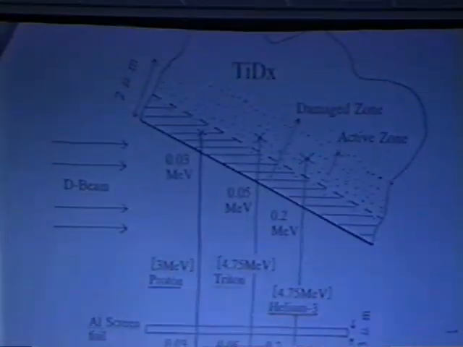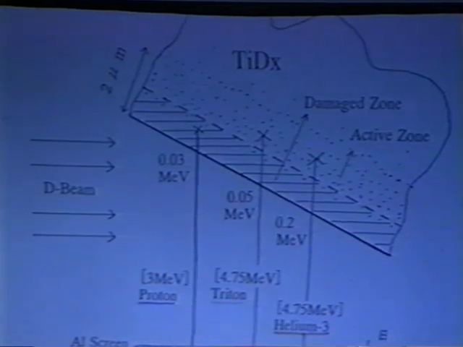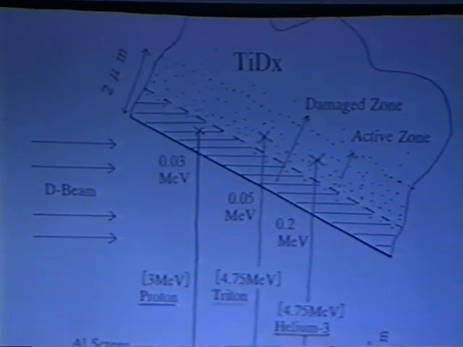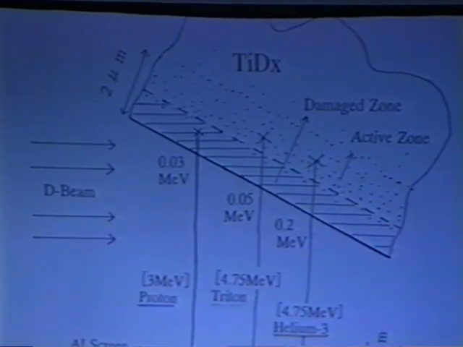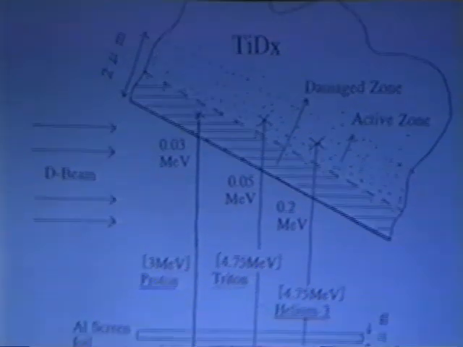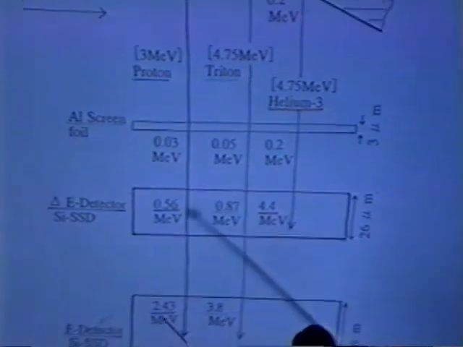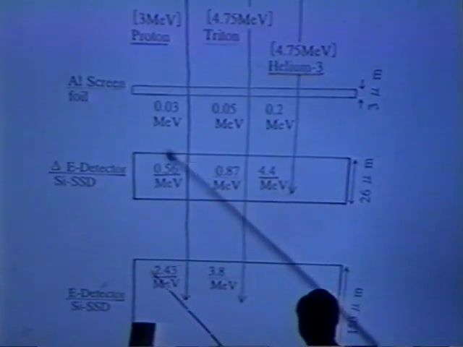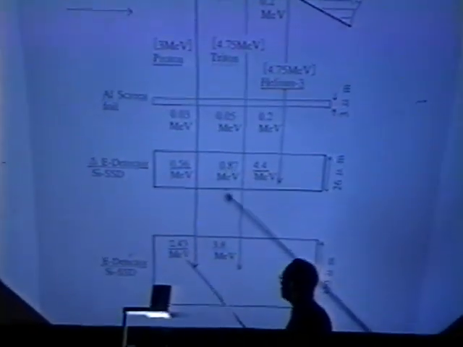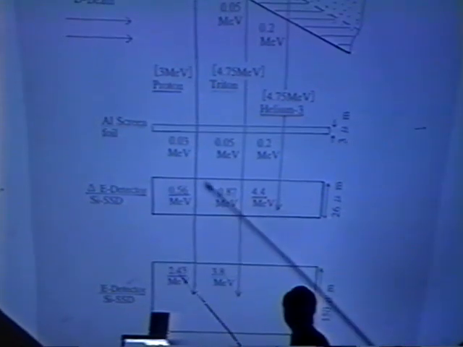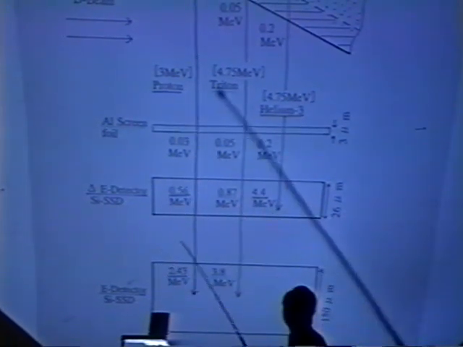If we use a rather thick detector, the helium-3 will be fully absorbed by the delta E detector. However, we can have a somewhat separable difference of energy loss between proton and triton. So by using this thick detector, we can identify and separate proton and triton.